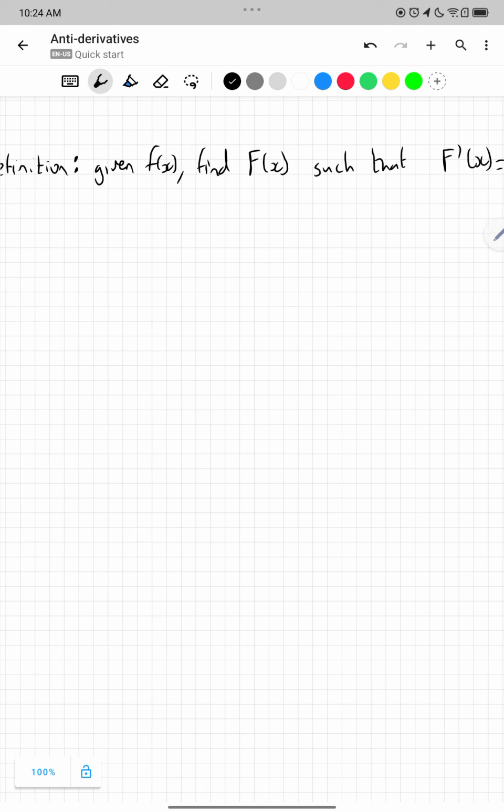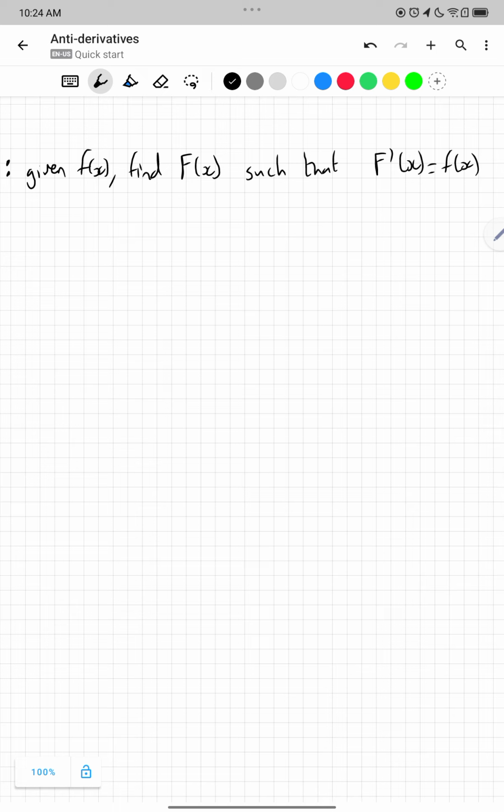So what this basically means is that if I was given a function, let's say this function x squared, this function is a derivative of the previous function that existed before we derived and got this function.